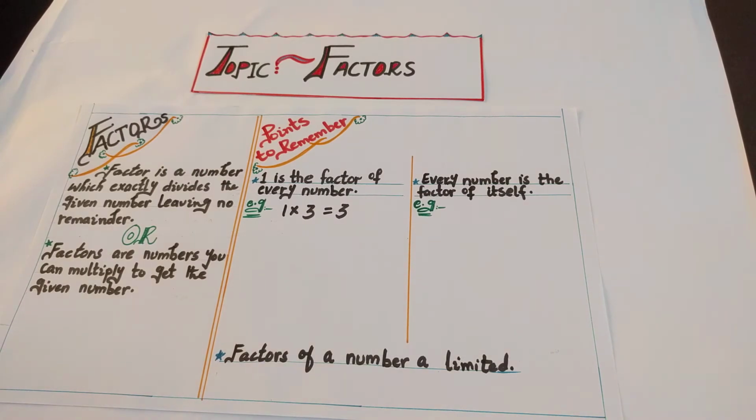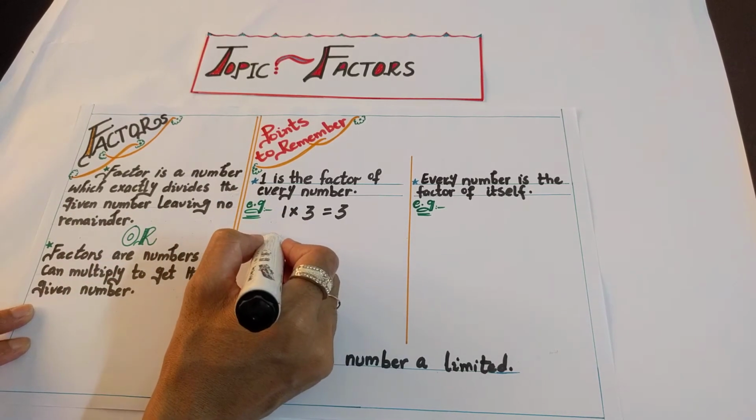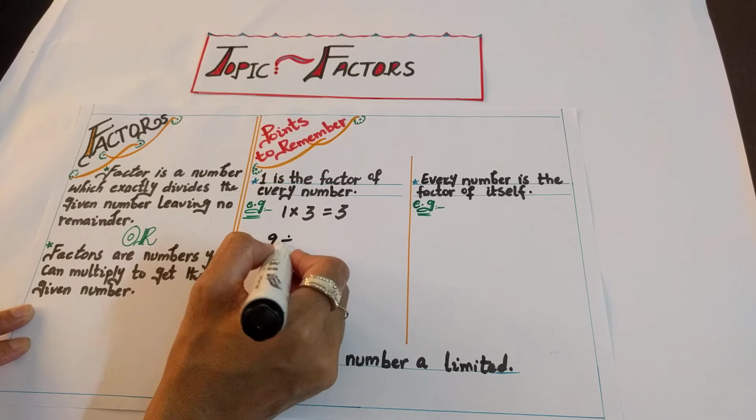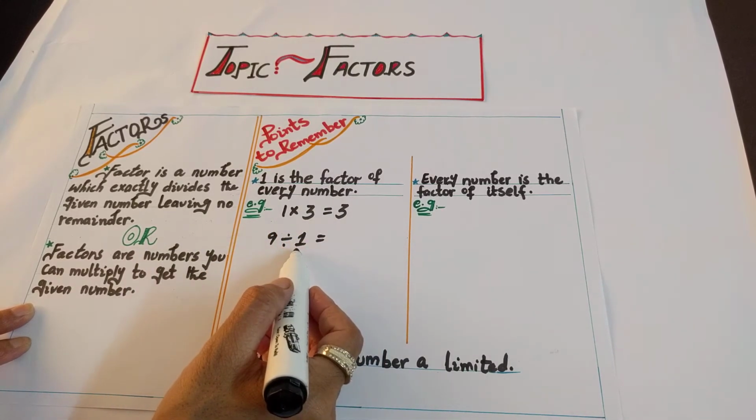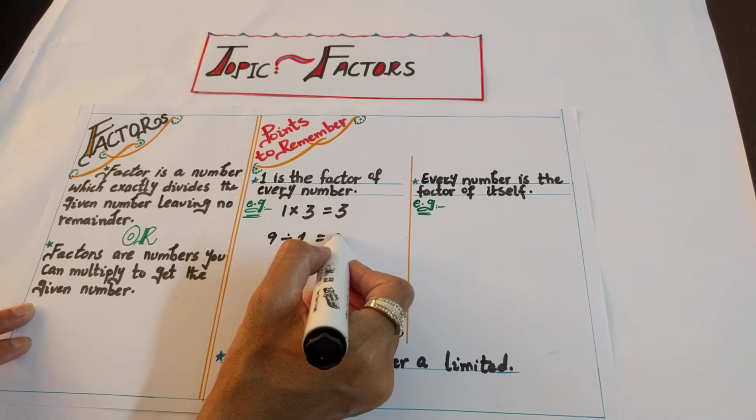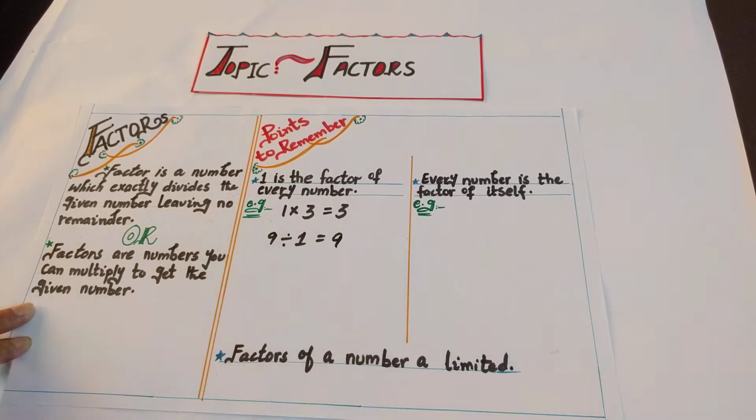Clear? You can also check it by the example of division. Like if I am dividing 9 by 1, 1 is actually the divisor. 1 9s are 9. So when we divide any number by 1, we get the number itself.